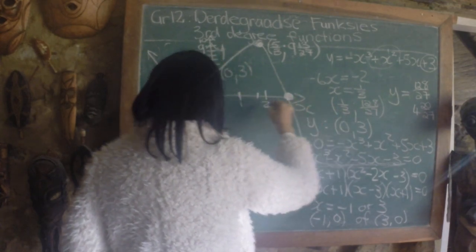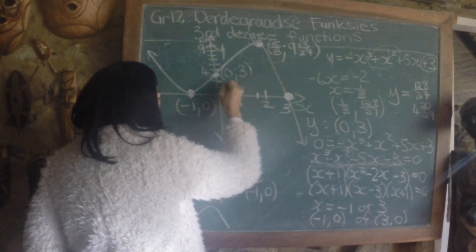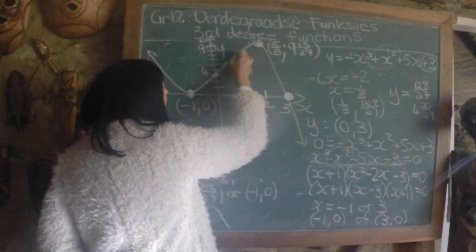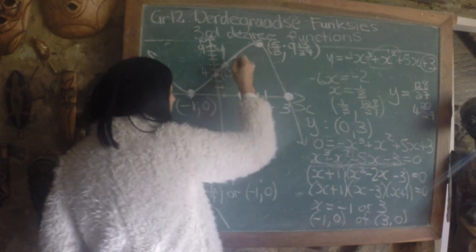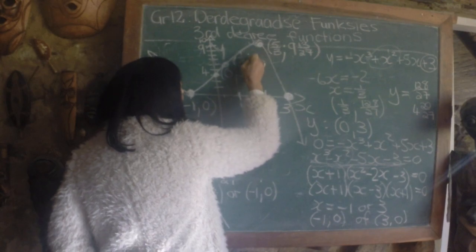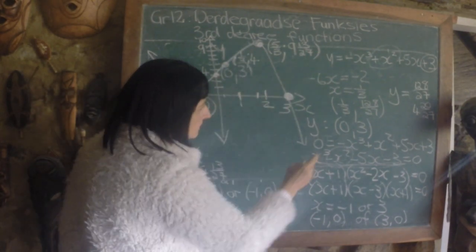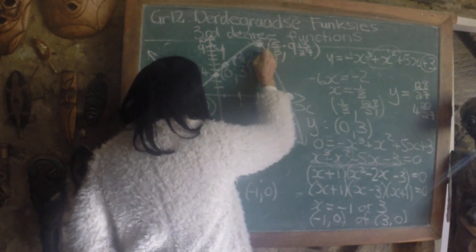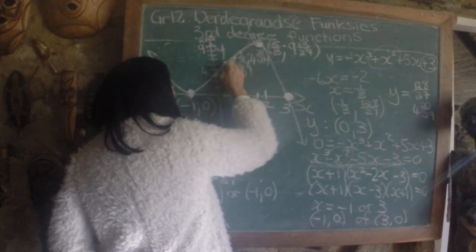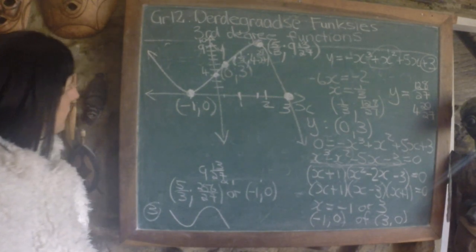So a third, it's approximately going to be there, and there is 4, so that's our point of inflection. Going to put it in as a third and 4, 20 on 27. Indicated there as your point of inflection.